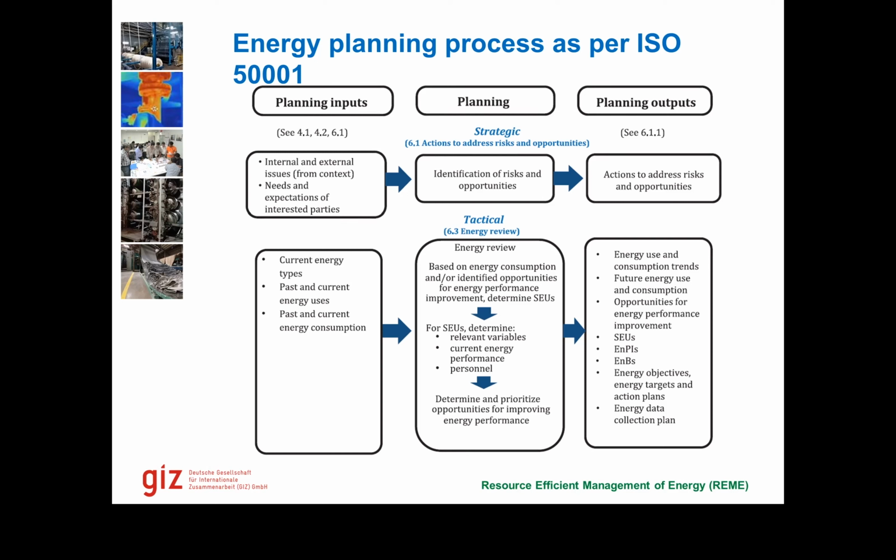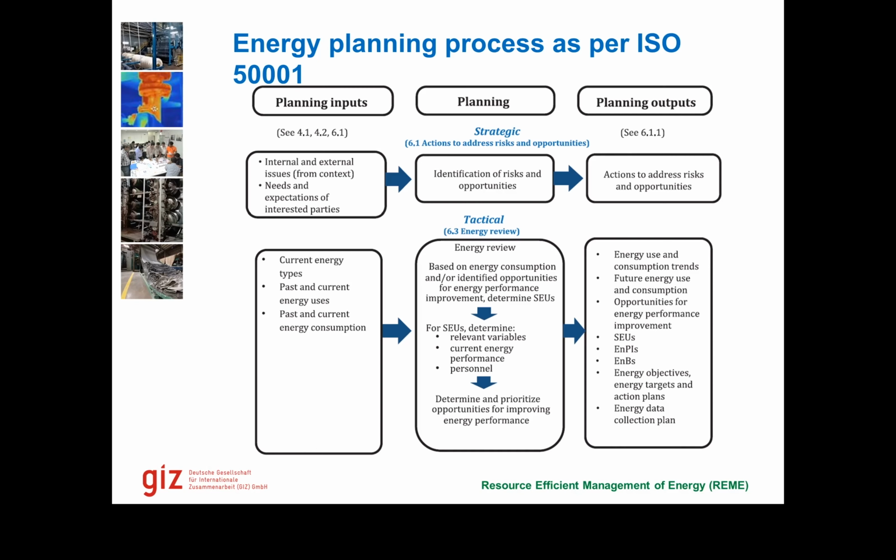So these are different aspects that we need to identify and which we need to use when we're prioritizing the opportunities for improving performance. As an output, we get an action plan of improvement, consumption trends, what kind of possible energy use we can have in future, significant energy uses, their energy performance indicators, energy baselines, objectives, targets, and also data collection plan.